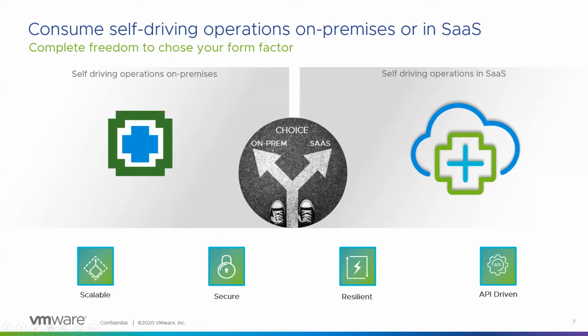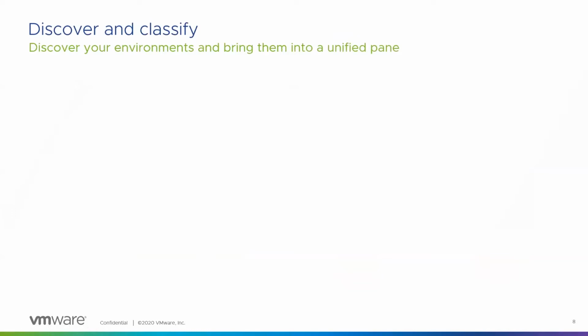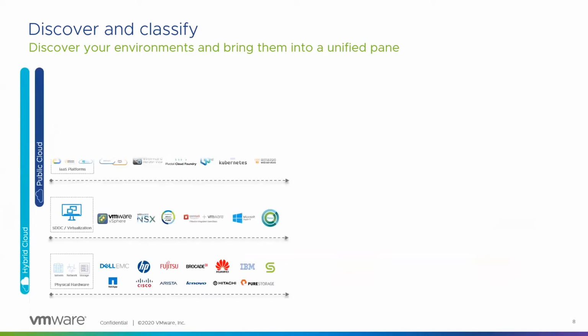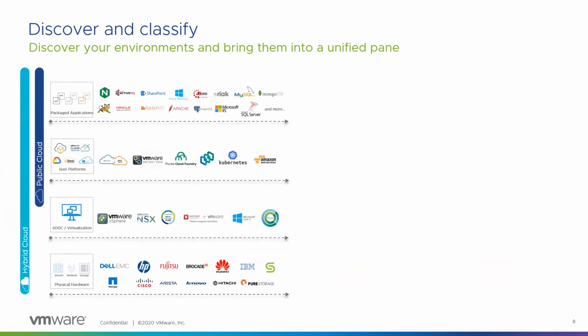So let's talk about discovery. I'll quickly run through some of these slides, but the idea here is that we are able to discover data from physical infrastructure, and there are hundreds of physical infrastructure plugins available to get data into the platform, because that's the key. The second is around the SDDC and virtualization layer. While it's a VMware product, it's agnostic to different hypervisors, going up to even IBM Power hypervisor.